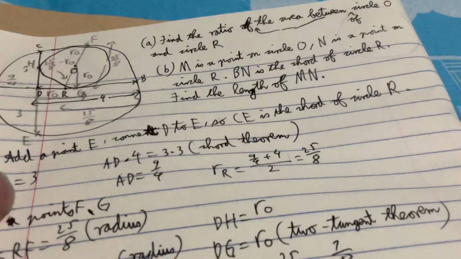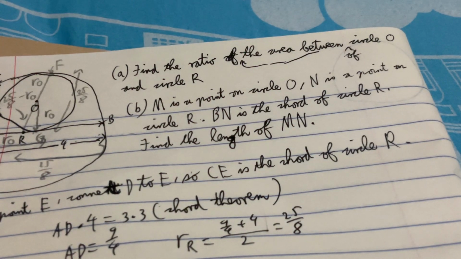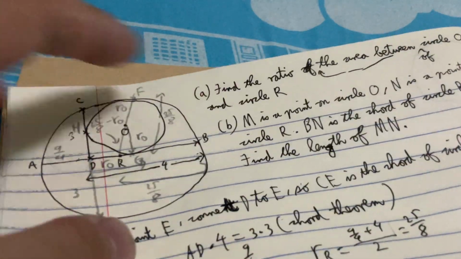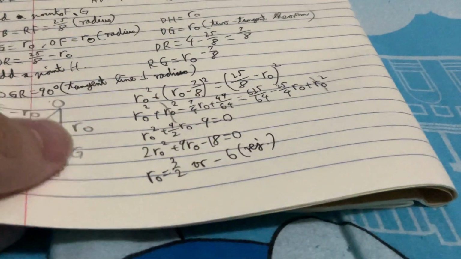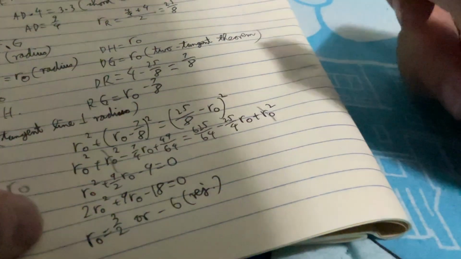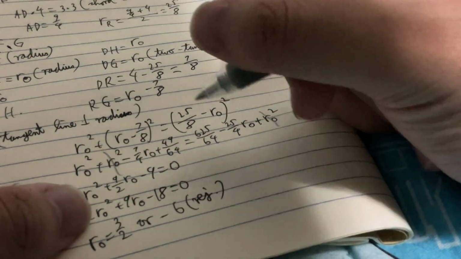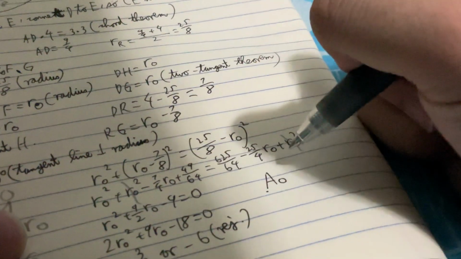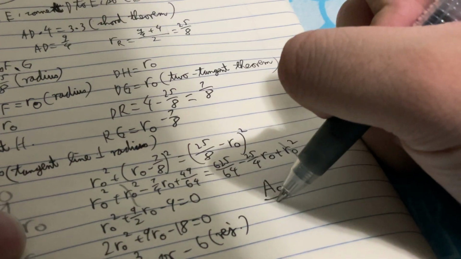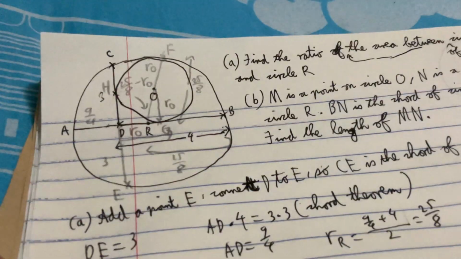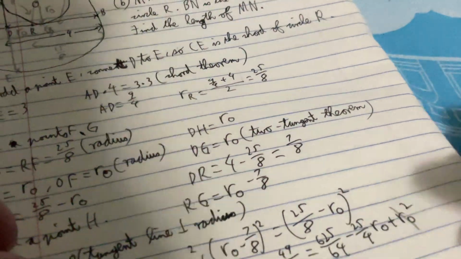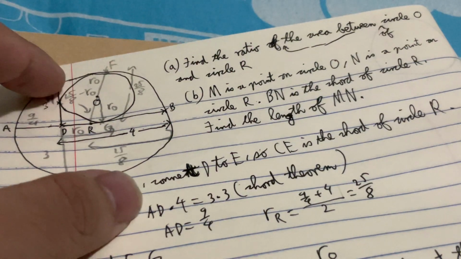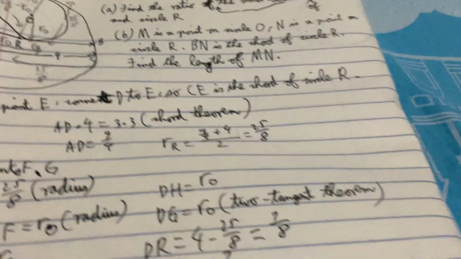So the question tells us to find the ratio between the area of circle O and circle R. I'm going to express it as the area of circle O divided by the area of circle R. Because these two things are both circles, they are similar to each other.